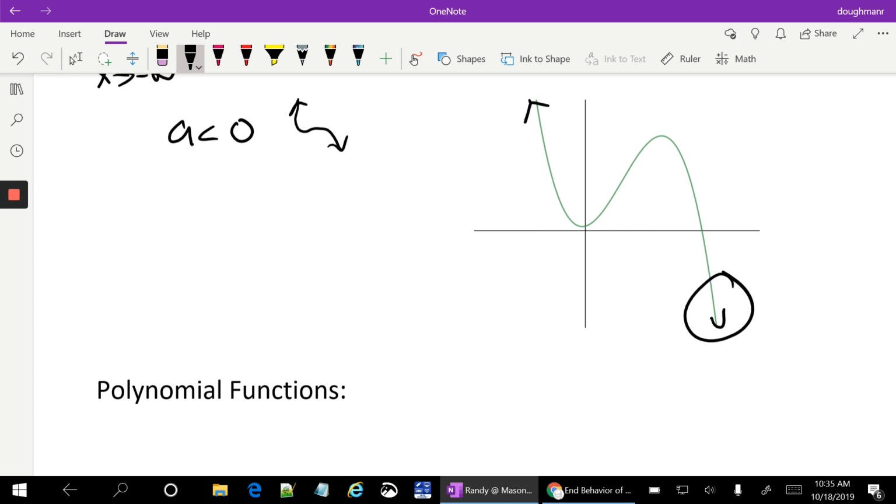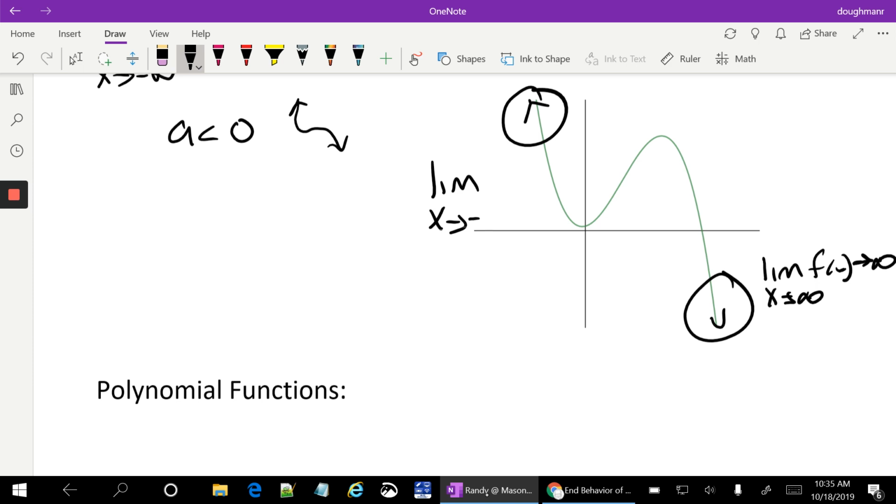All right, and now we can talk about those end behaviors here. Okay, when the leading coefficient is less than 0, the limit as x goes to infinity of f of x goes to negative infinity. And over here, the limit as x goes to negative infinity goes to positive infinity.